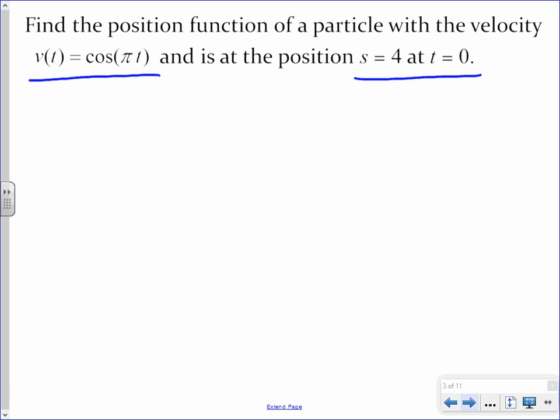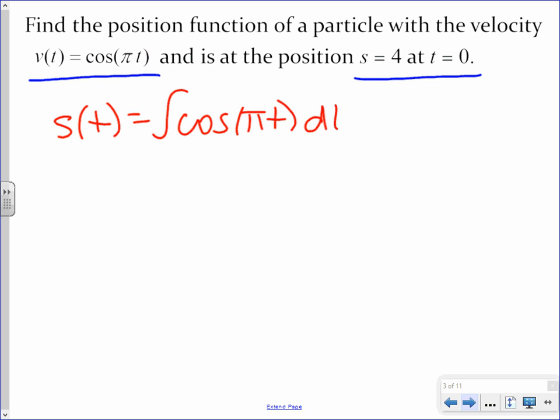Okay, so Larry, what's the first thing we need to do in this problem if we want to figure out the position function? Take the antiderivative of that. Okay, so we know our position is going to be the antiderivative of velocity. All right, so Joe, what's the antiderivative of the cosine of pi t?